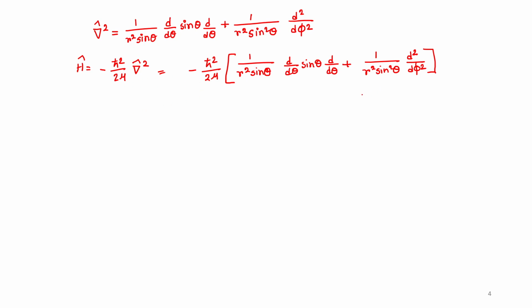So that is my Hamiltonian, and we have already established that the Hamiltonian is our total angular momentum square divided by 2 into the moment of inertia, that is 2 mu r square.